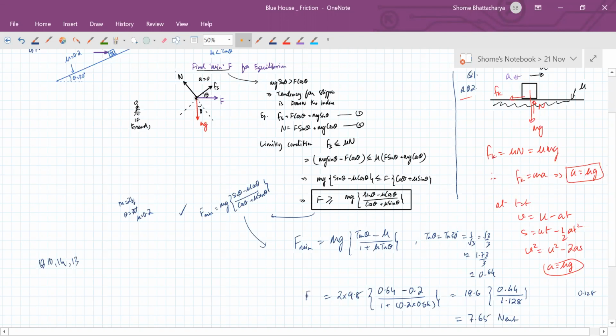This is what I'm getting as the F minimum. So you might have made some calculation mistakes, Samarth. Let's check it out. And in general, I trust that you people should be able to do the calculations by yourself. So you're getting the same thing.